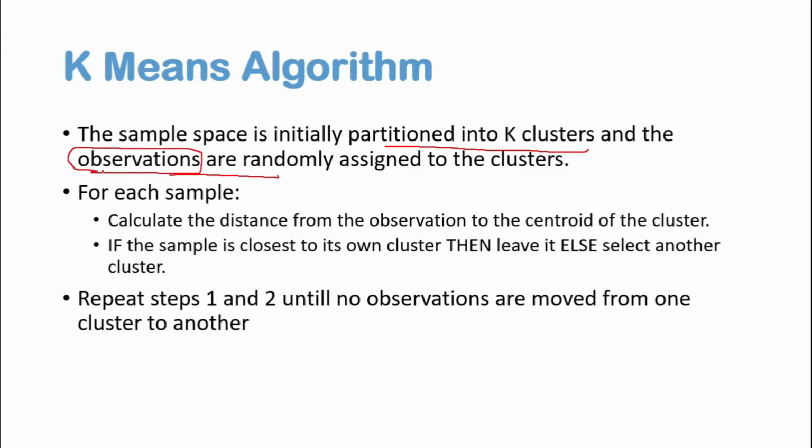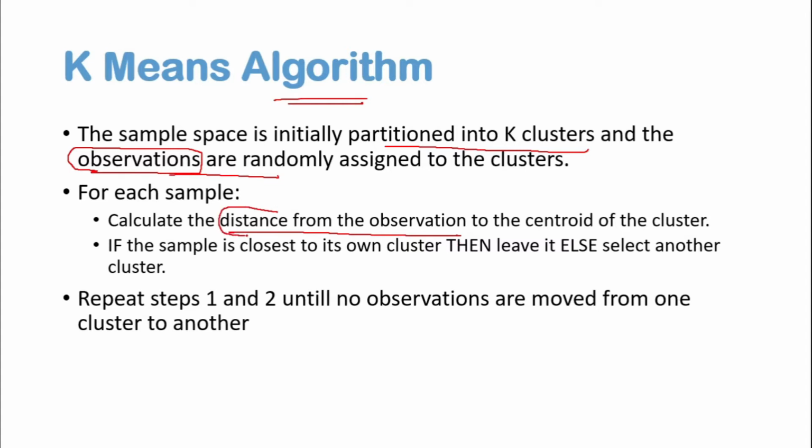If we make 3 clusters, then the data points are assigned to those 3 clusters based on some observations in the data samples. Okay, for each sample, this is the algorithm we are looking at: calculate the distance from the observation to the centroid of the cluster. So here we are calculating the distance.